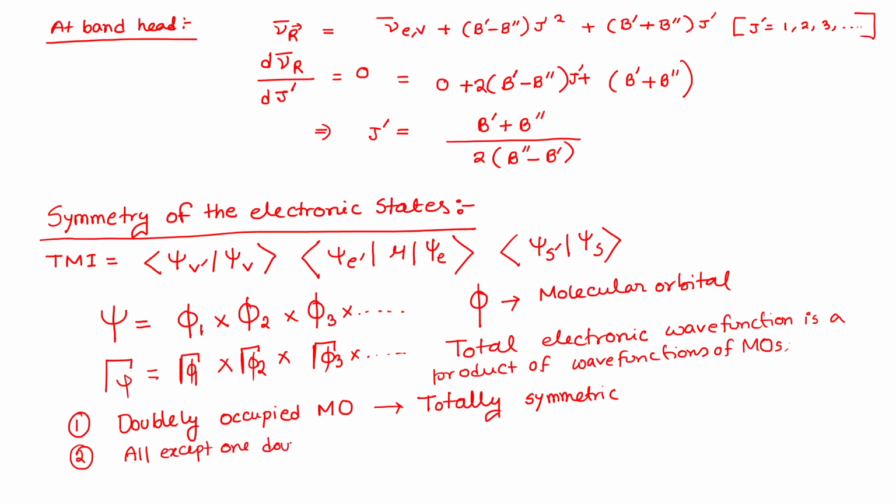Then the symmetry of the electronic state will be the same as the symmetry of this unoccupied one.